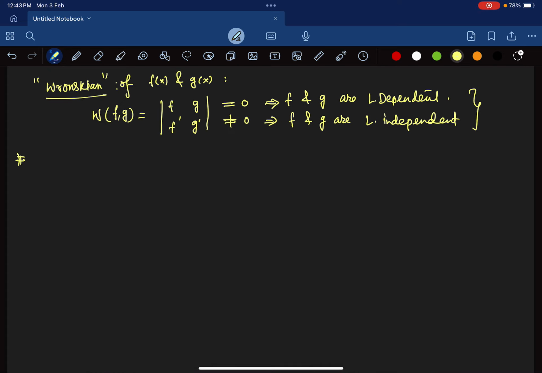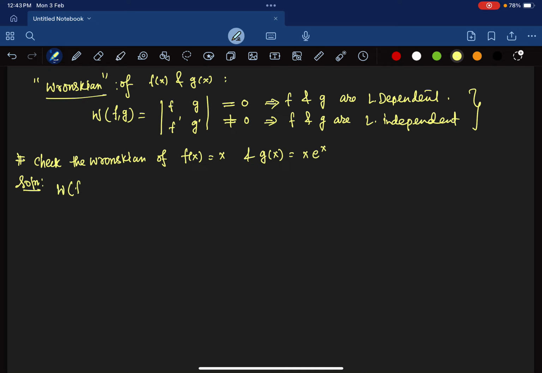So for that, let us take this question. Check the Wronskian of f(x) equal to x and g(x) equal to x e power x, and from the Wronskian you can conclude whether these functions are dependent or not.